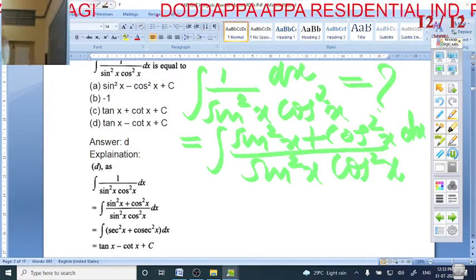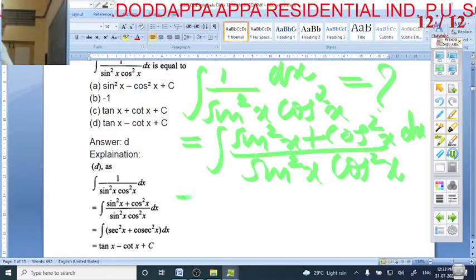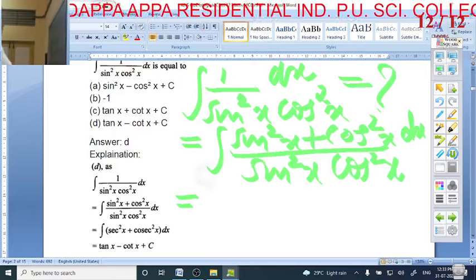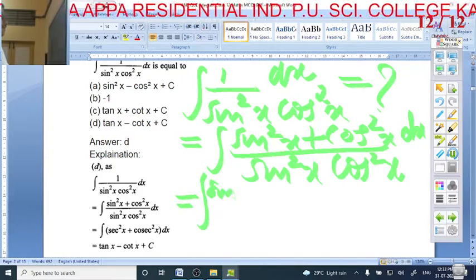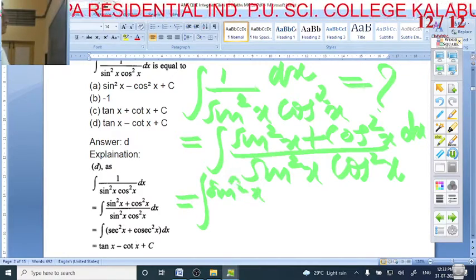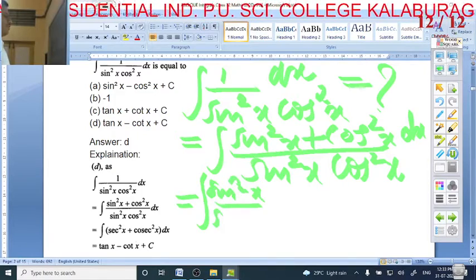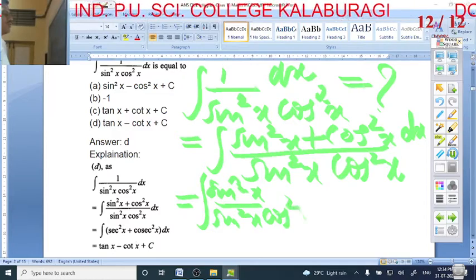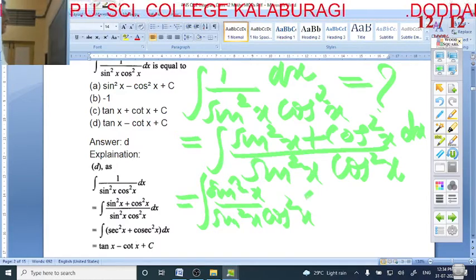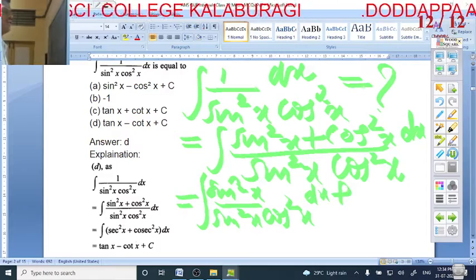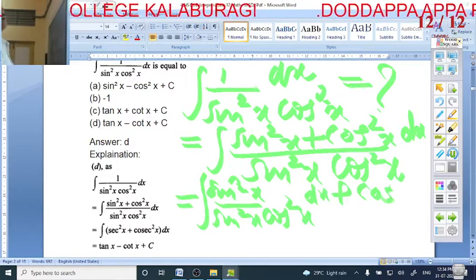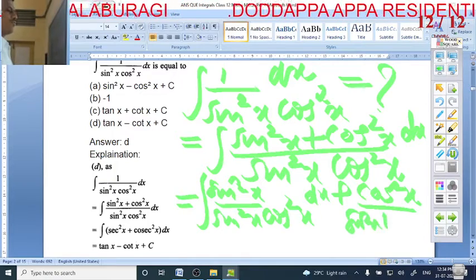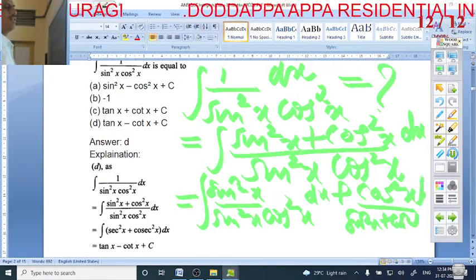Write the separate denominators. First, sin square x divided by sin square x into cos square x dx, and second, cos square x divided by sin square x into cos square x dx.